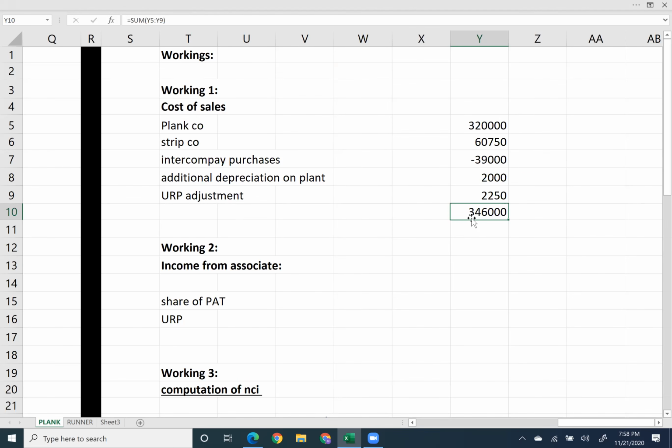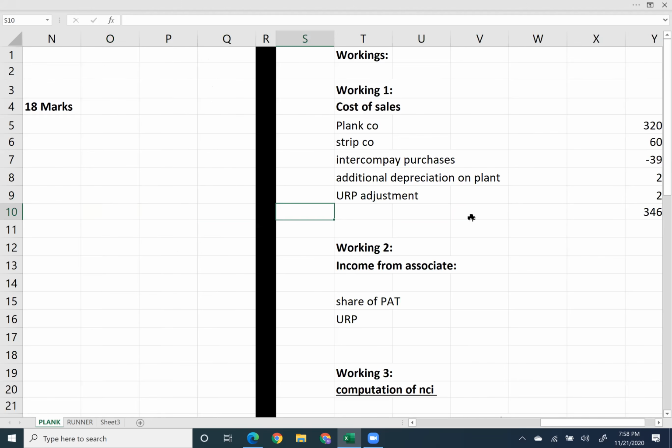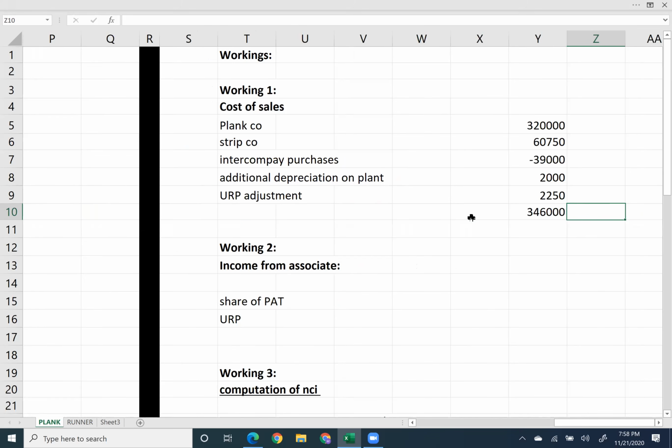Now, what we have to do, we have to write this cost of sales in that column, but I'm giving you just 30 seconds to analyze it. URP, see this URP formula. I've already taught you URP. Somebody is asking about the URP. I've already taught it on the other page.